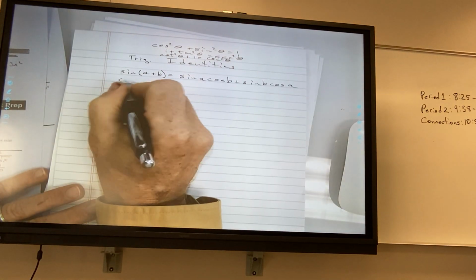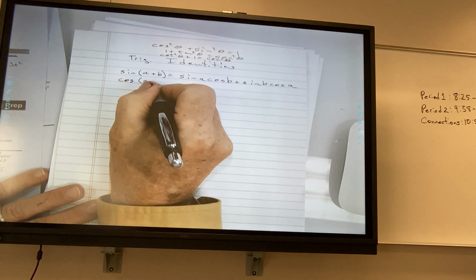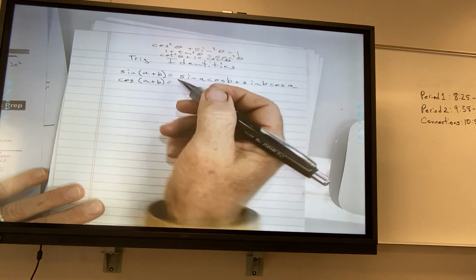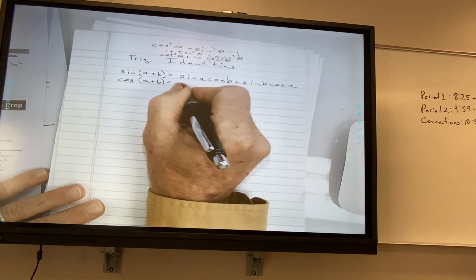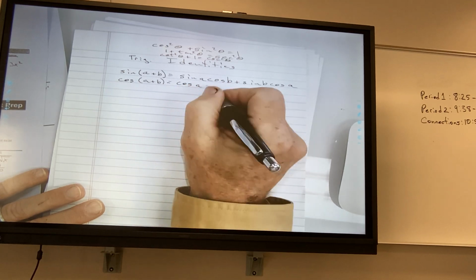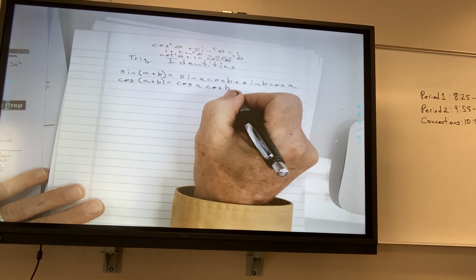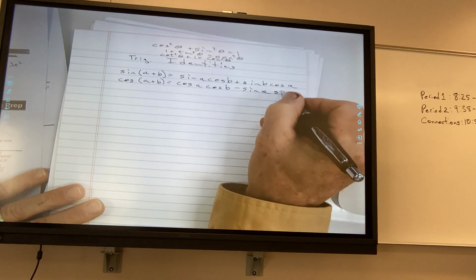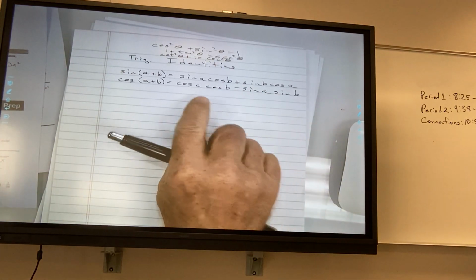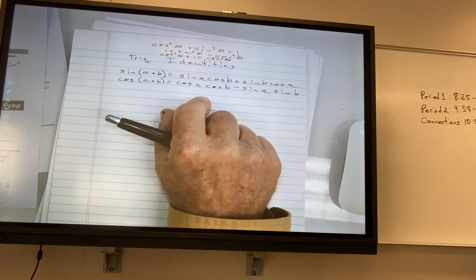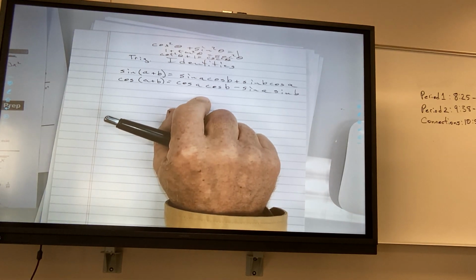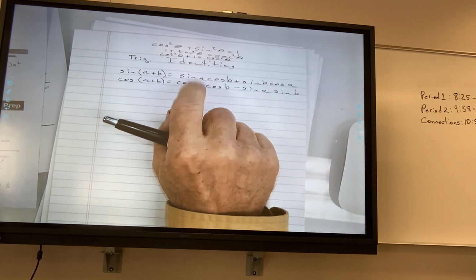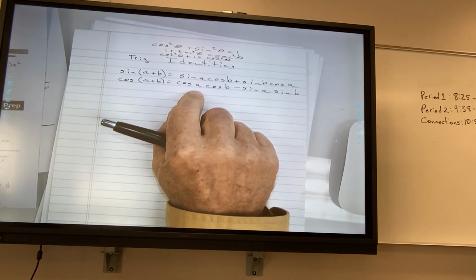The other one you were told was this one: the cosine of A times the cosine of B minus the sine of A times the sine of B. Now, I don't have those memorized. I looked them up. I'm gonna use them in a second, all right?